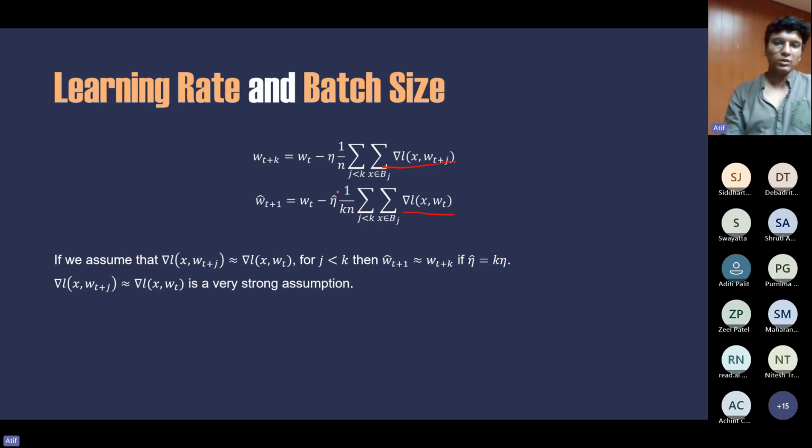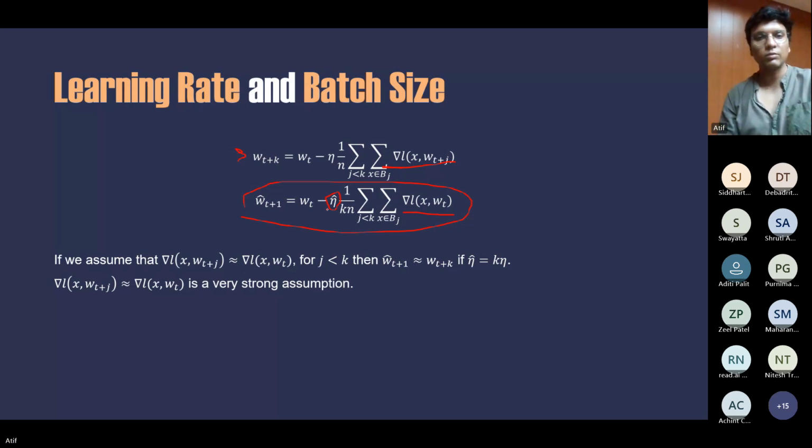Then what I can do is, if I set eta to be eta into k, eta cap, right? Then this thing becomes equal to this equation, correct? Right? K gets cancelled out, and then you have minus eta by n, and these two things are the same, so you essentially get the same equation.